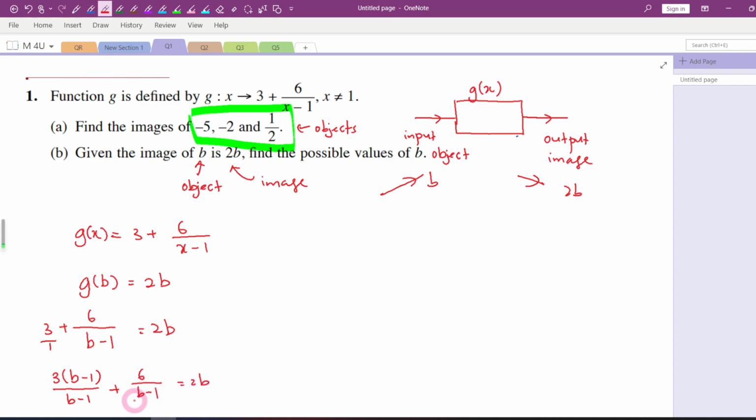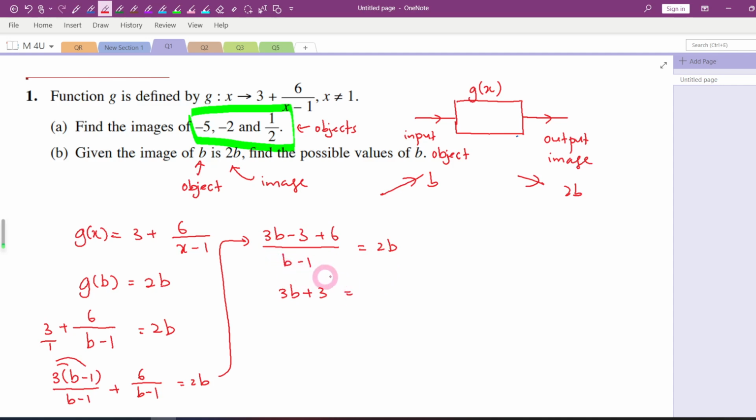Now the denominator already become the same, so we can combine them together. 3b minus 3 plus 6 over b minus 1 is equal to 2b. Now, 3b minus 3 plus 6 is equal to 3b plus 3.